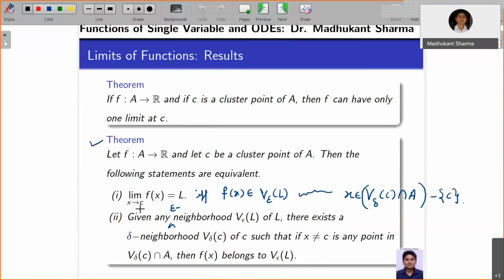So limit x tends to c of f(x) is equal to L. L means the limit of f exists at x equals c, or f converges at c.